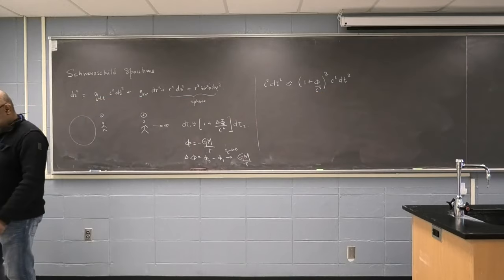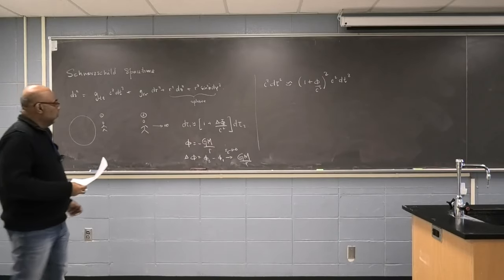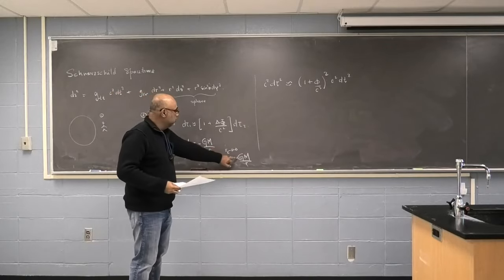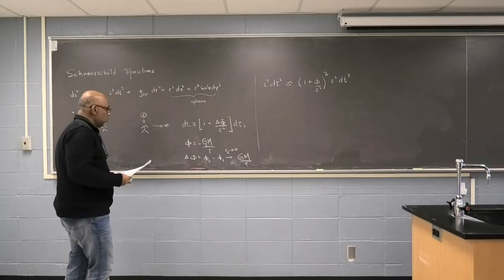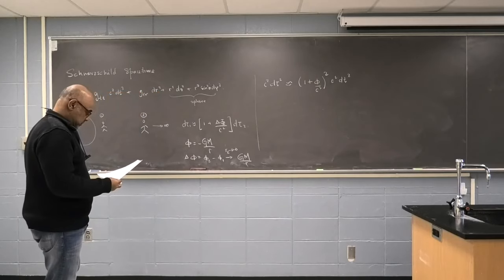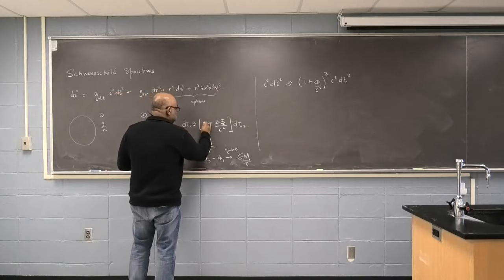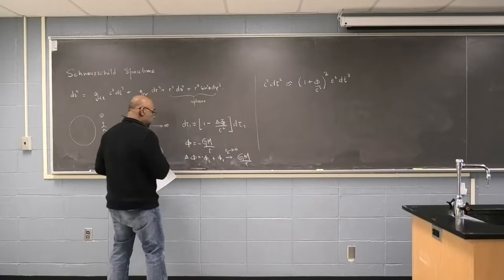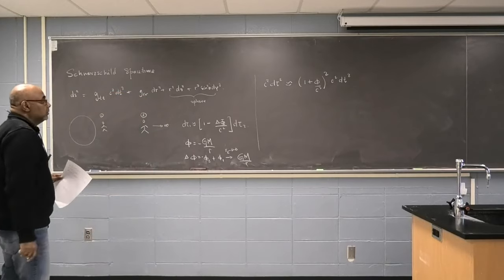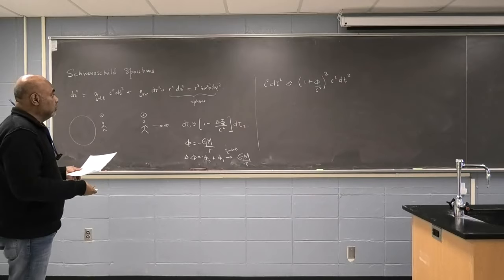Why did I do that? Because this just becomes that, right? Oh, sorry, this is minus. So this is plus, this is minus. This is a stationary observer.